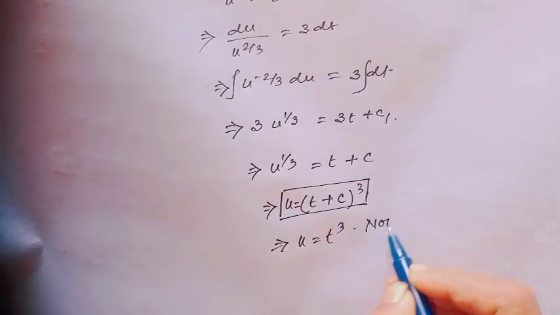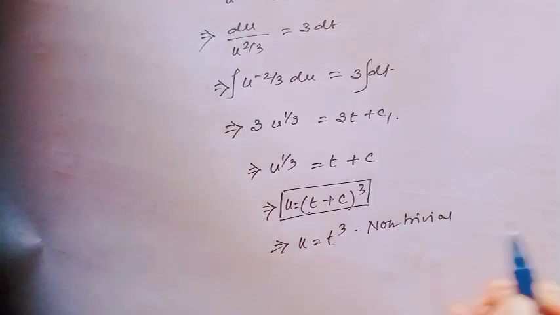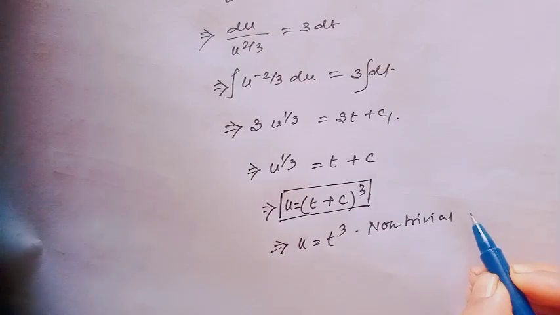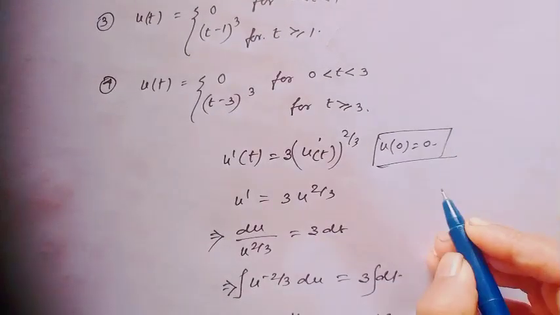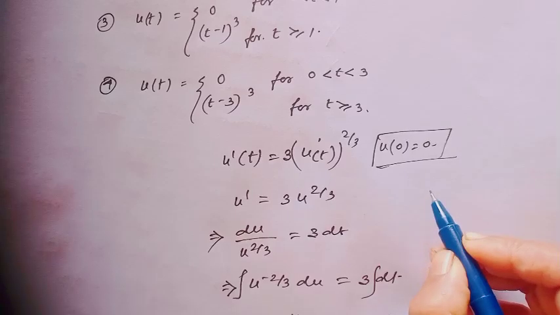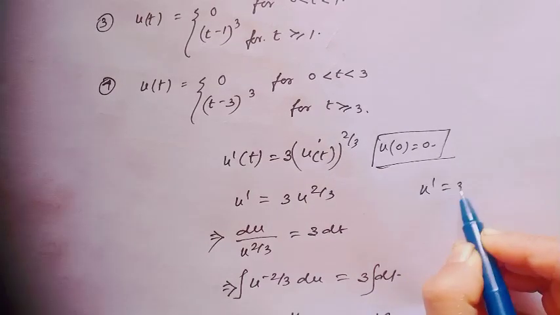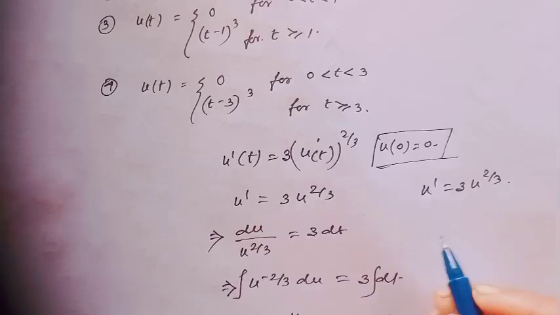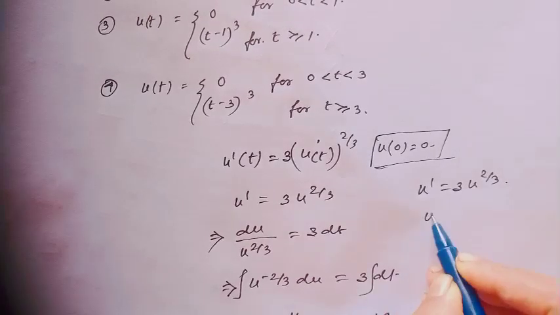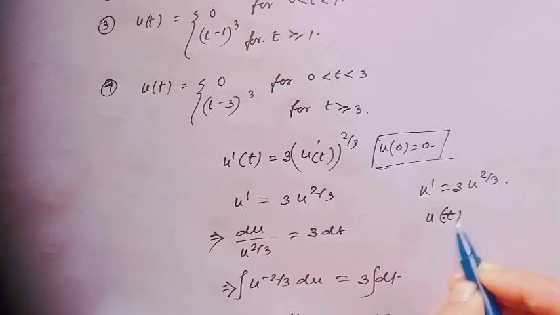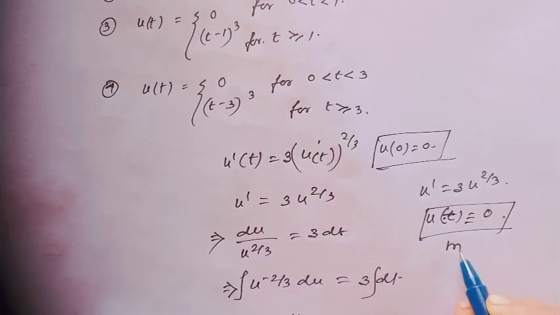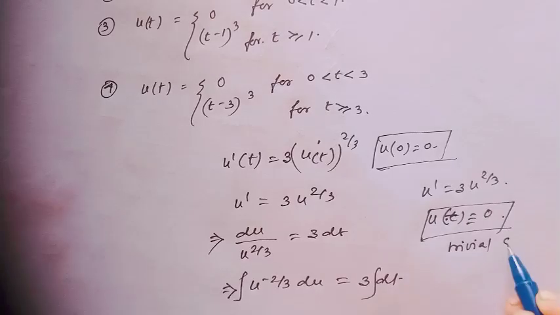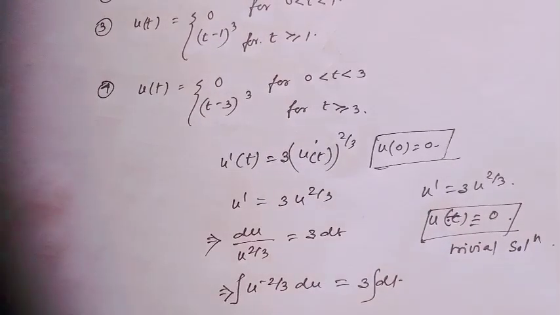This is the non-trivial solution of this initial value problem. Also, since u prime equal to 3 u to the power 2 over 3, notice u(t) equal to identically 0 is also a solution of this initial value problem, and this solution is the trivial solution.